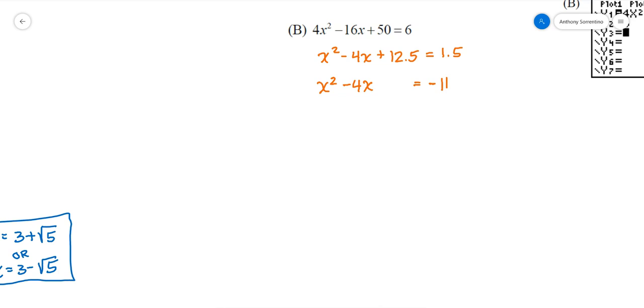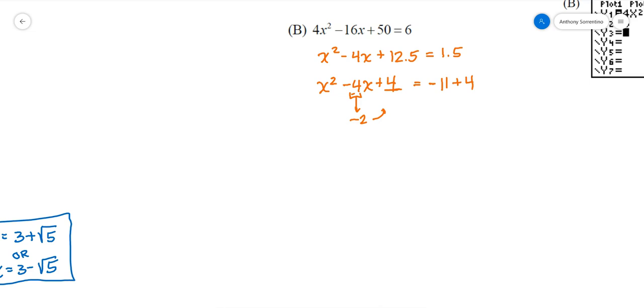Remember, we want this term over here to be 1/2 of this term squared. So if I take half of this term, I get negative 2, and I square it, I'm going to add 4 to this side to make that a perfect square trinomial, which means I also had to add 4 to this side to keep the equation balanced.